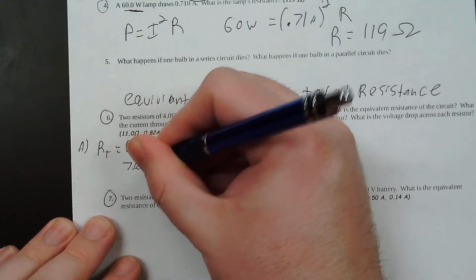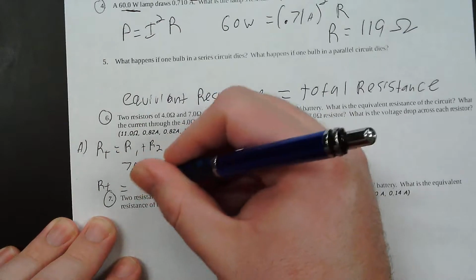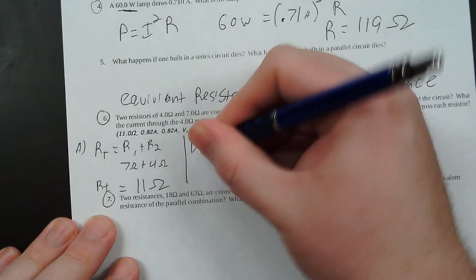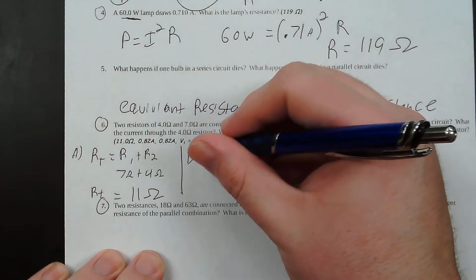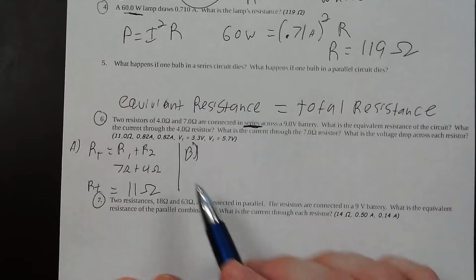So 7 ohms plus 4 ohms equals a total of 11 ohms. There's part A done. Okay? That's why you got to remember what type of circuit is which, because that's going to change depending on the situation. All right, part B.